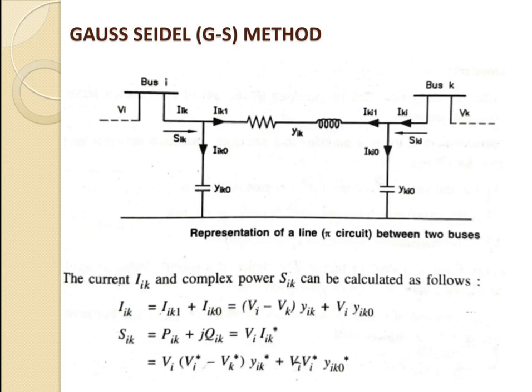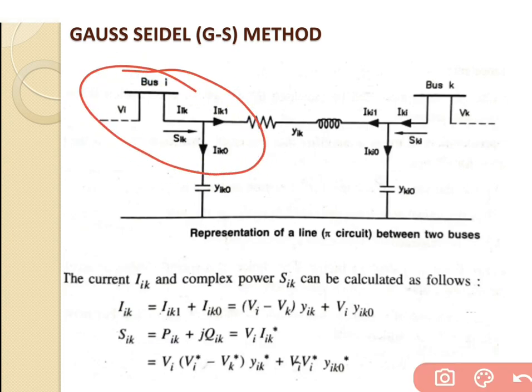We will assume there is one figure. In that case, there are the ith and kth buses connected over there. This is the line represented by a pi circuit. The current Iik and complex power Sik can be calculated as follows. First one, that is the Iik. Based on the figure, it is clear that Iik is the summation of two currents, Iik1 plus Iik0, and we know the equation for the admittance.